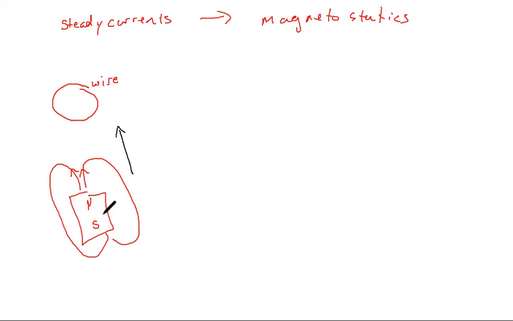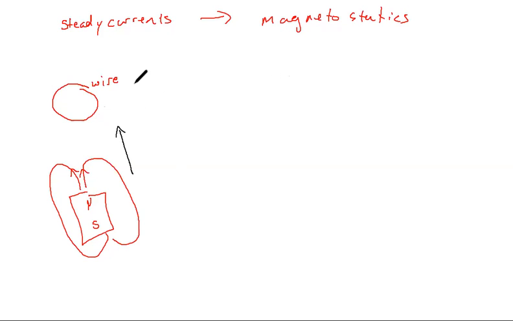So as you move the magnetic field towards the wire, current starts to flow around the wire. This is what you use in a generator, right? In a generator, you spin a magnet, you move a magnet and then it causes electricity to flow.